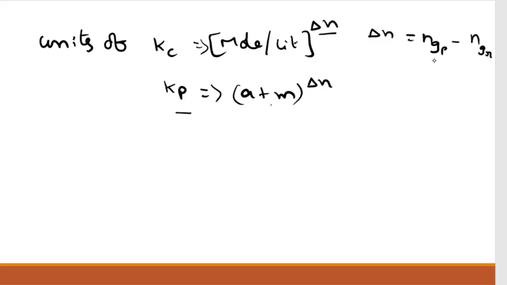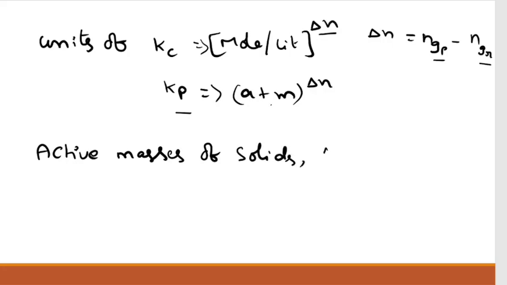Why we are only considering the gaseous products and gaseous reactants while counting delta N is, suppose we consider the active mass, which is nothing but the molar concentration of either reactants or products. The active masses of solids and liquids are taken as unity, as there is not much change in the solid or liquid concentration during the reaction.